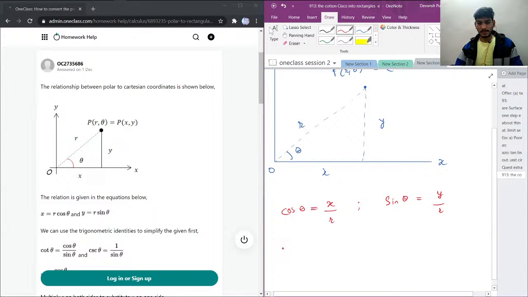So x is r times cosine theta, and y is r times sine theta.